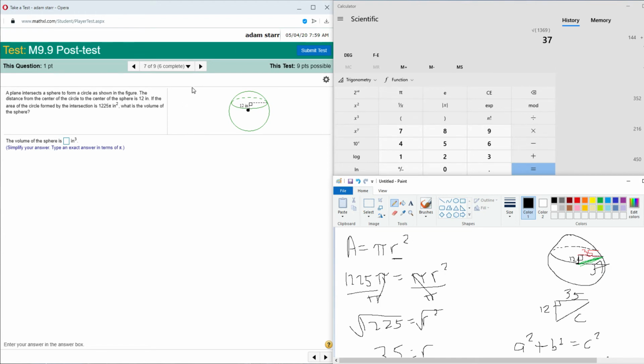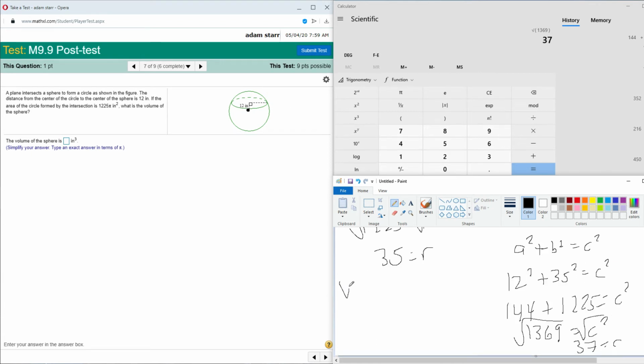So now I can find the volume of the sphere. The volume of a sphere again is 4/3 pi r cubed. Substituting what we know, 4/3 pi, and I know my radius is 37.